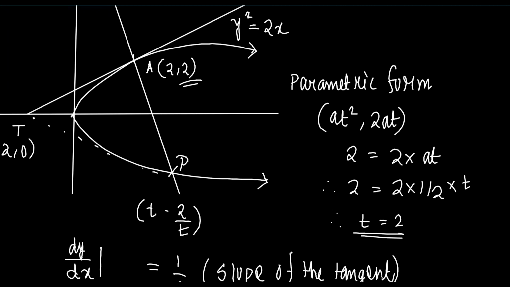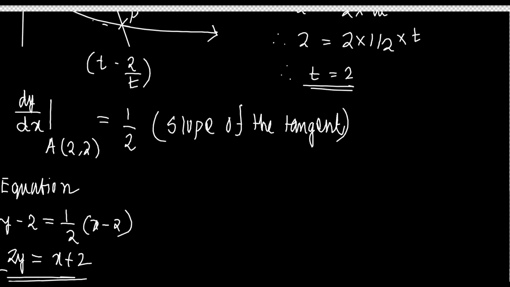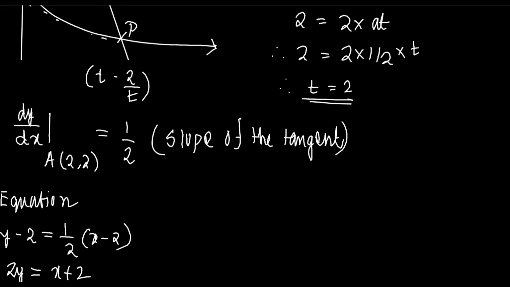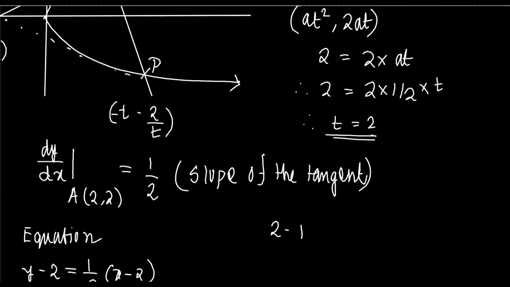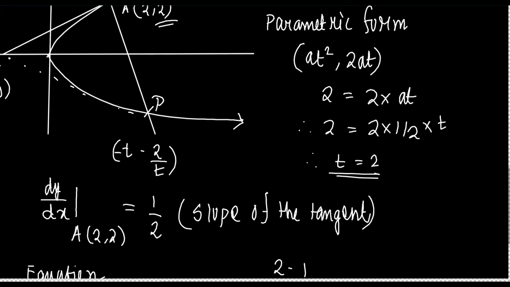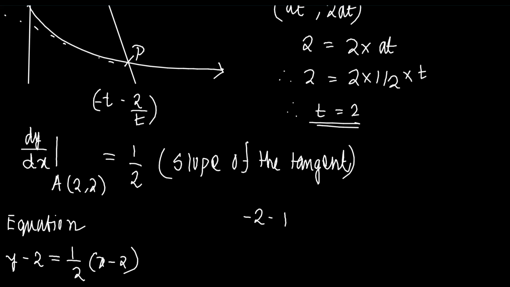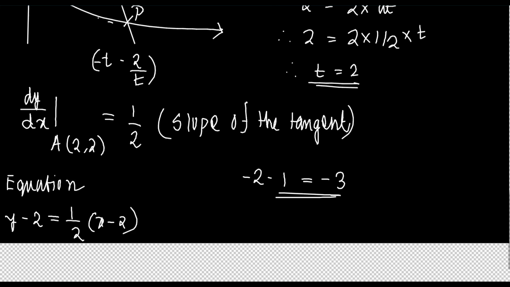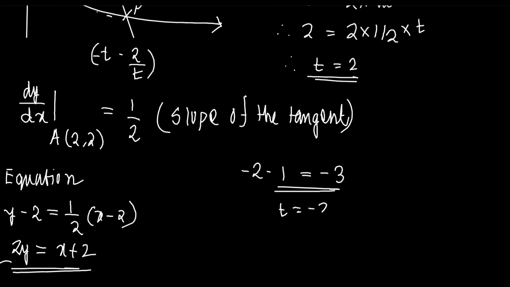So what is the value of t for this point P? It will be t minus 2 by t, that is, we write this as minus t comma minus 2 by t. This is the parametric form. So this is minus 2 minus 1, that is minus 3. So for the point P, we have got t equal to minus 3.